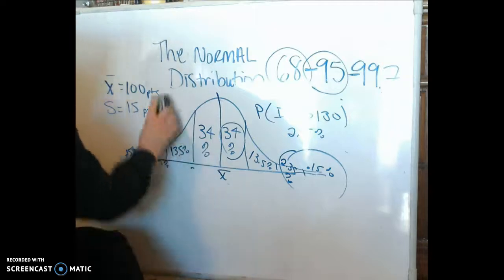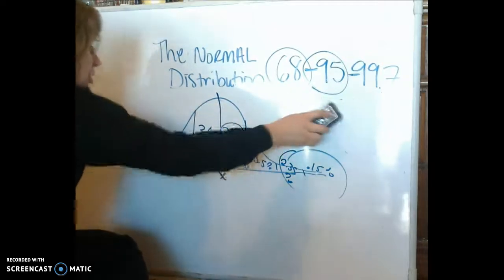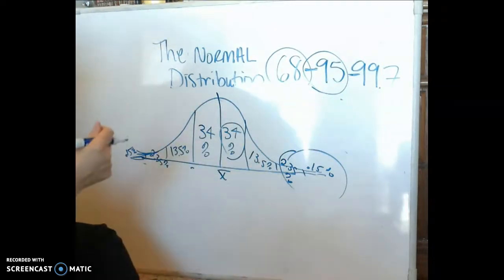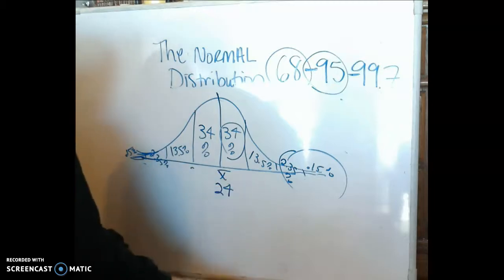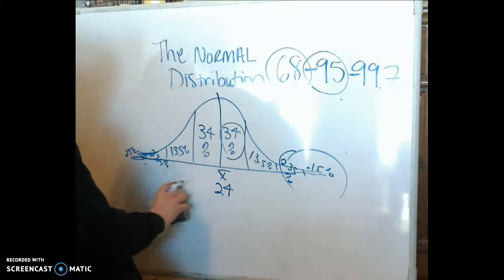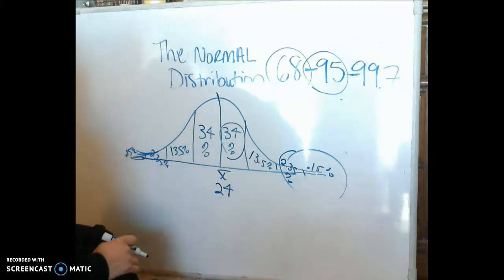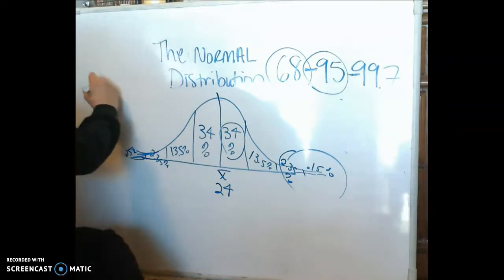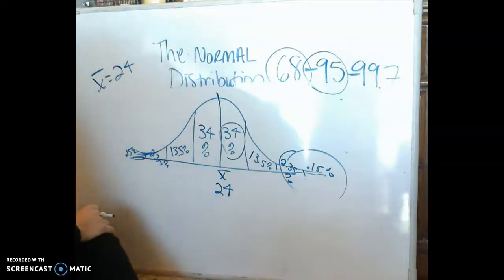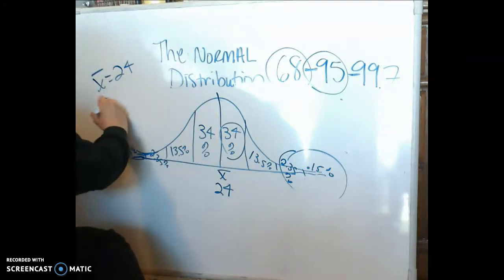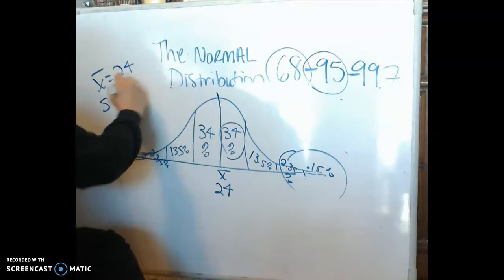So say I'm doing ACT data, okay? And say the average ACT score is 24. I think for some subjects like English it might be 18 or something like that, but say it's 24 on one of the ACTs, math, whatever, and say the standard deviation is 4.